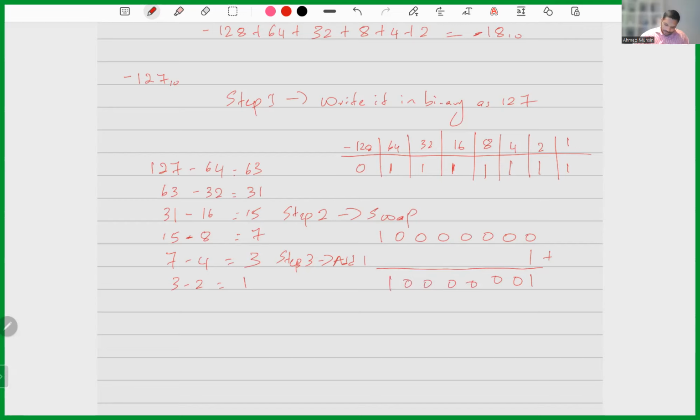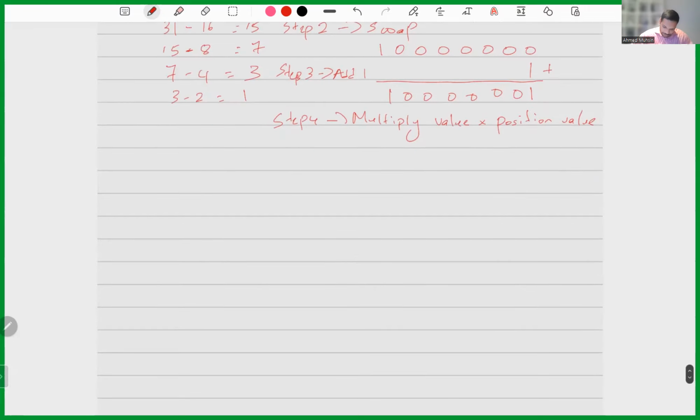Okay, and then step number 4, multiply value by position value. Very simple. I hope you have been able to grasp it. Let me put the values again and put the position value.